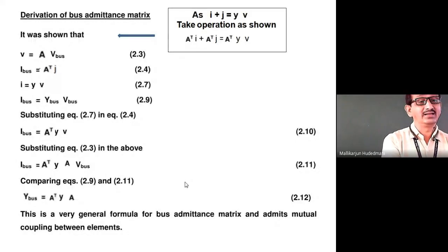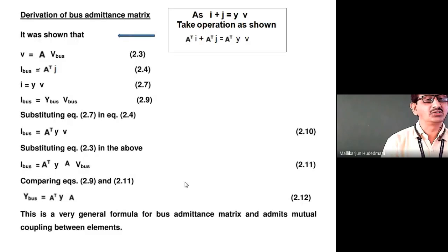It means the KCL applied at a particular junction, the current incoming and current outgoing, sum to 0. So A transpose I, the sum of all the currents meeting at that node, goes 0.